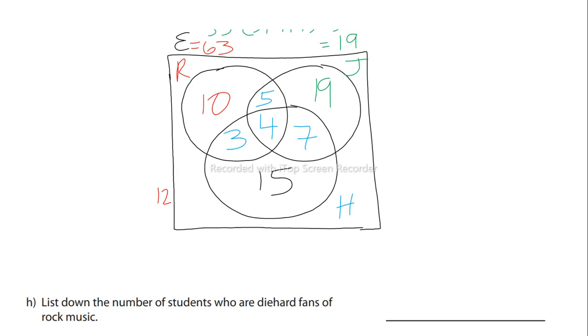No. I got 22. They didn't say only, Miss Nancy. I wouldn't go with only. I would just list the ones who like rock music. But because they say diehard, I was thinking it was people who were just into rock and nothing else.